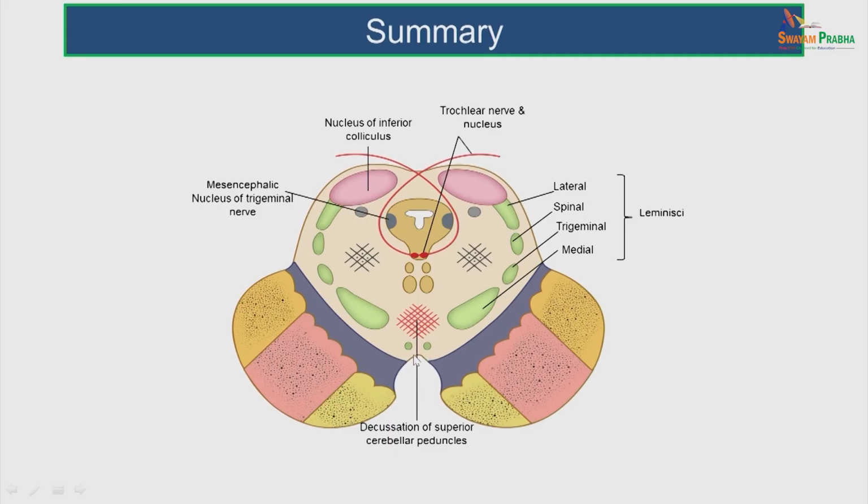Anterior to that is the rubrospinal tract, posterior to that the medial longitudinal fasciculus and tectospinal tract, and on the lateral aspect the reticular formation. The trochlear nerve is the only cranial nerve which comes from the dorsal aspect and crosses over to the contralateral side.